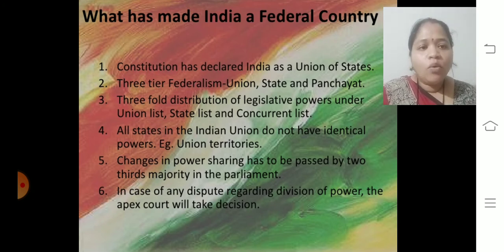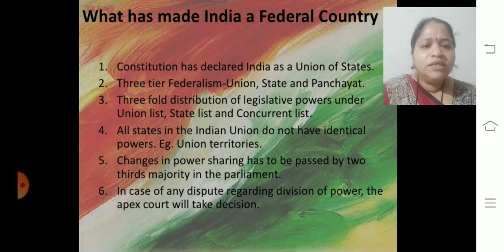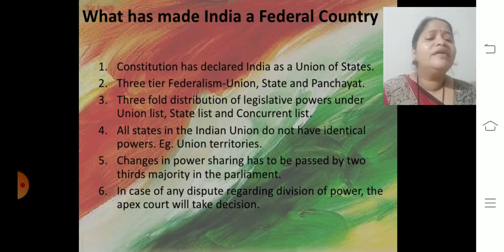What majority is required? A two-thirds majority in Parliament is required to pass any decision. So if we change the power sharing of a constituent unit, it must be discussed in Parliament and voted on. If a two-thirds majority in Parliament gives approval, only then will it be applicable. This works under federalism only.